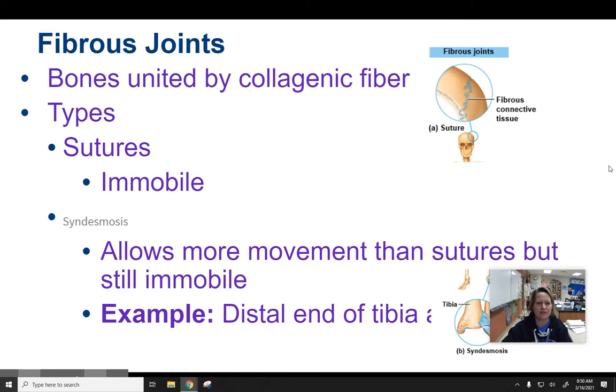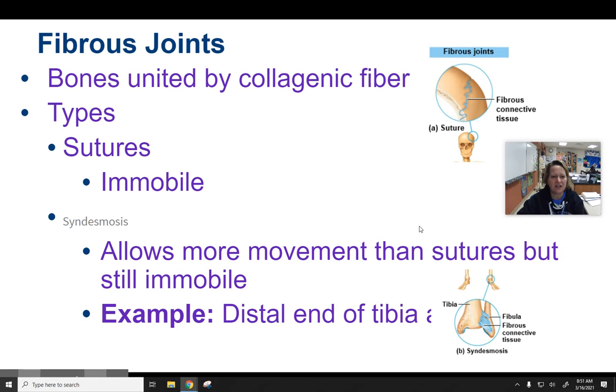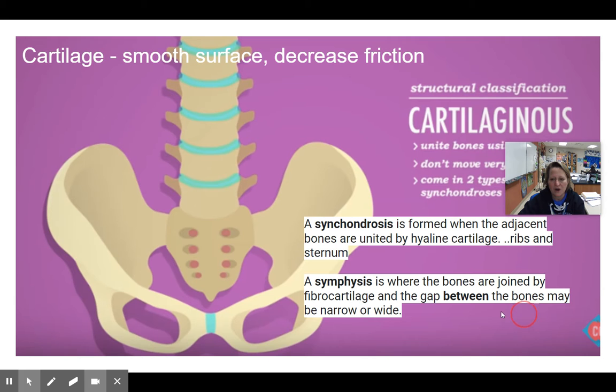Here's some examples. Bones are united by collagenous fibers. Here's a suture in your skull showing them being held together. They are immobile.